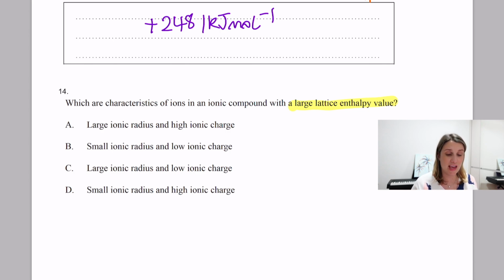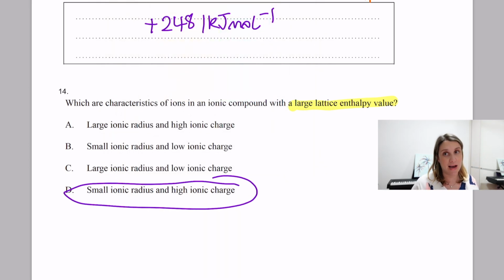So what you're really thinking about is which ions are going to stick together best. The strongest electrostatic attraction always comes from things that are really highly charged and really small. So we call that a high charge density. So you want small and highly charged. So the answer in this case is D. You want it to be little but highly charged.